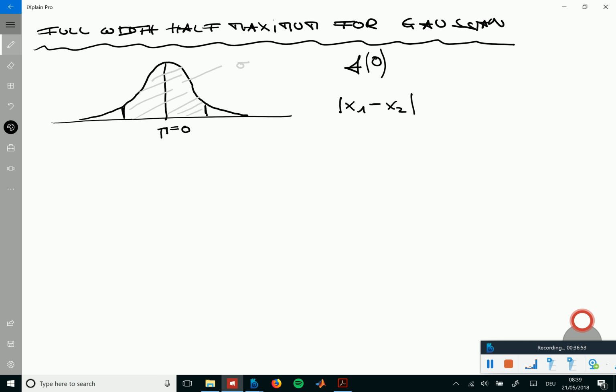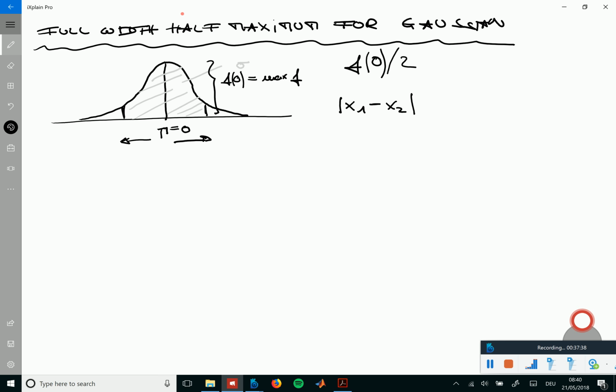What this means is the following. Here at f0 you have the maximum of f. And then you can ask yourself, how far do I have to go out into this direction and into this direction to go to the place where I'm at f0 half.